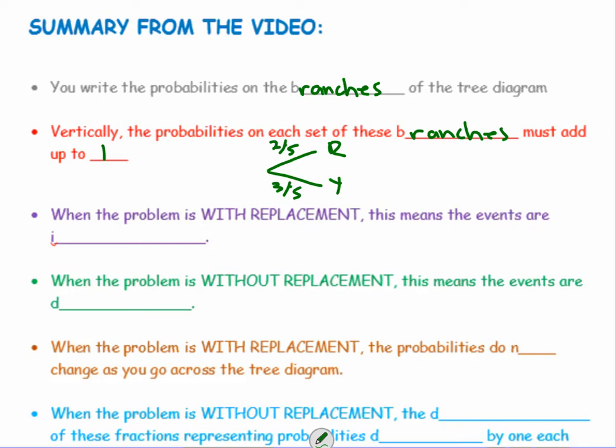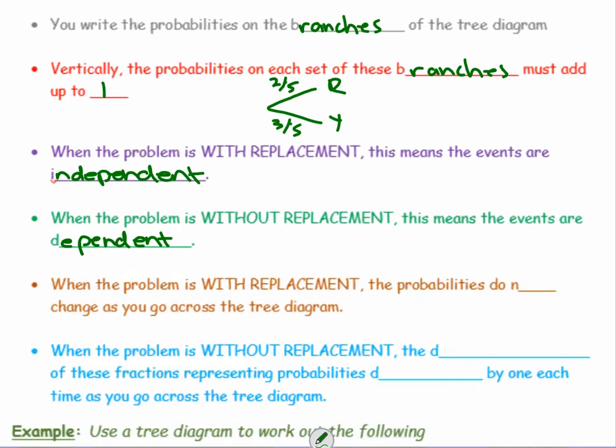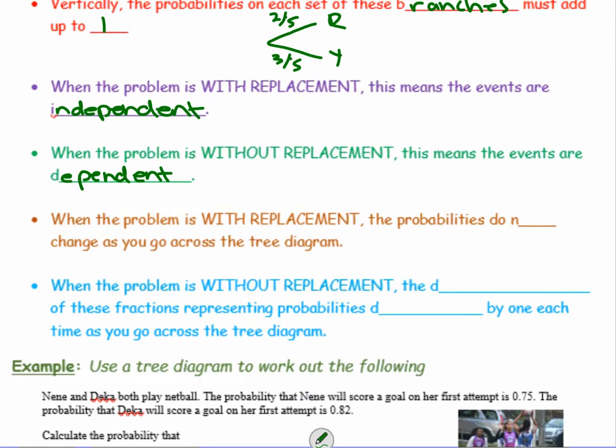When the problem is with replacement, this means that the events are something. Hopefully you're guessing that it means independent. When the problem is without replacement, this means that the events are therefore dependent. Now, when the problem is written with replacement, the probabilities do something change as you go across the tree diagram. You might have seen from the video in his first example, the probabilities do not change as you go across the tree diagram.